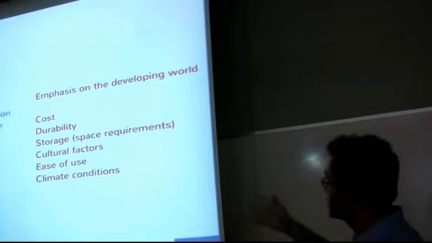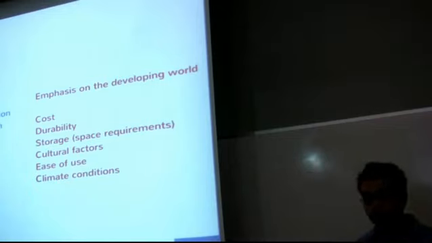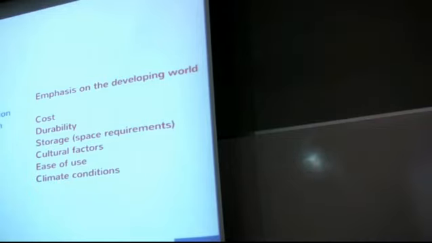But in terms of the developing world itself, we need to worry about a number of very unique factors, and I'll talk a little bit about those also. Cost, clearly, because it needs to be affordable. Durability: whatever we build needs to survive in pretty harsh conditions, humid conditions, high temperature, dust storms, rain. Storage, sometimes space could be an issue.